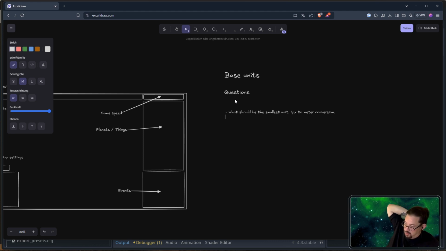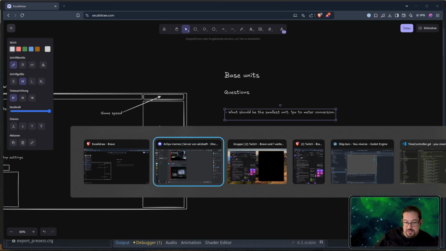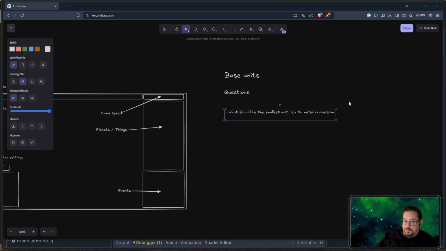So when I say okay, 1000 pixels is 1, or let's say 1 light second is 300,000 meters per second, right? So what would be the smallest amount? No, wait, why am I saying smallest amount? Shouldn't it be the biggest amount? So let's say 1 second would be 300,000 pixels per second.